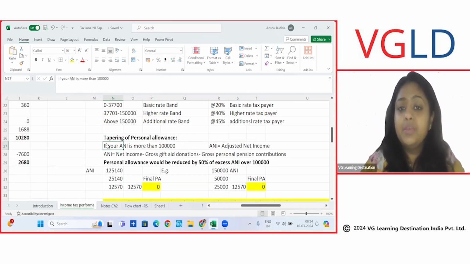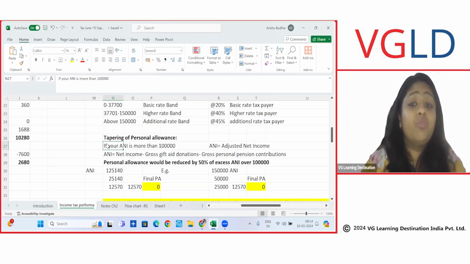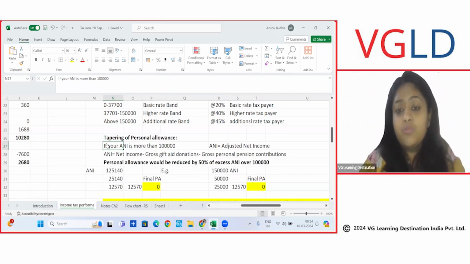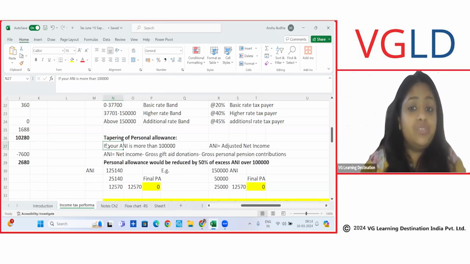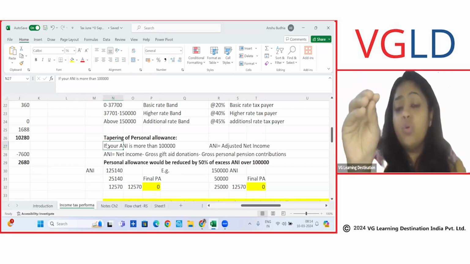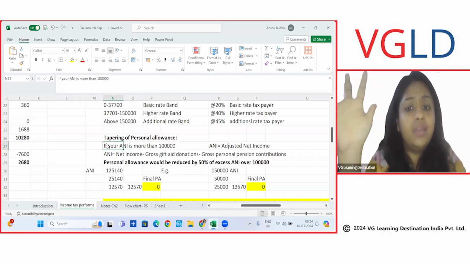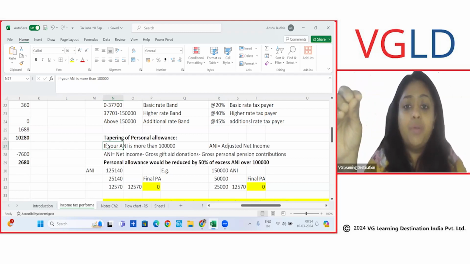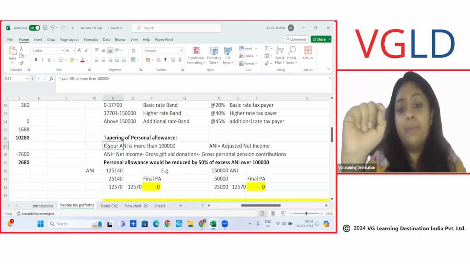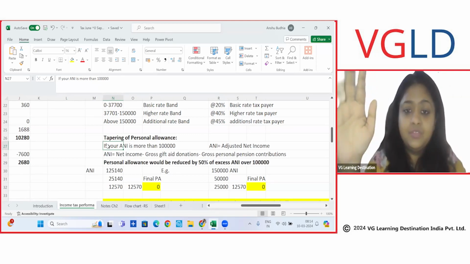Don't worry. In your exam, questions will not always ask you to do the tapering of PA. Questions will be silent. The moment you see net income beyond 1 lakh, it should come to your mind that tapering of PA may be applicable.